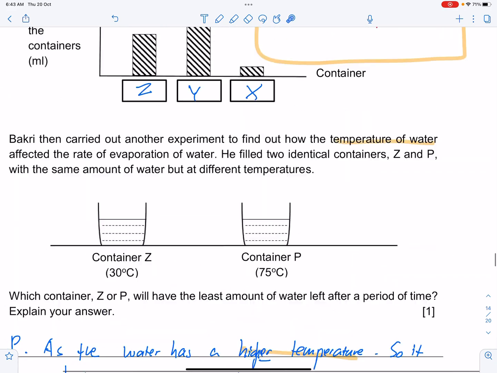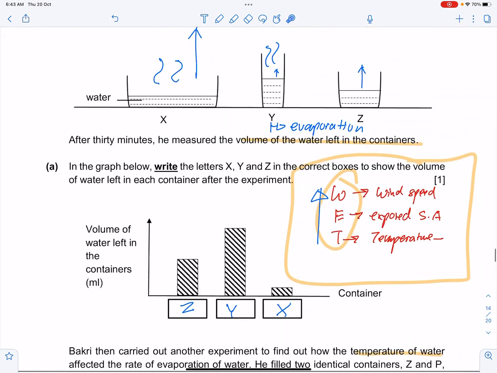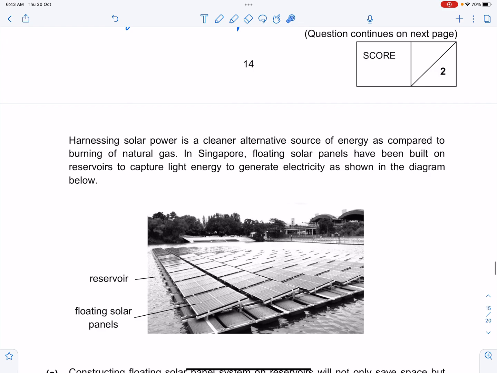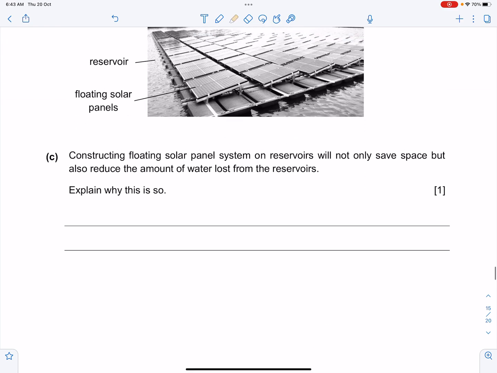In the first part, they are talking about rate of evaporation, right? So they want to reduce water loss. When you relate reducing water loss, you probably would think, how can I also reduce evaporation?